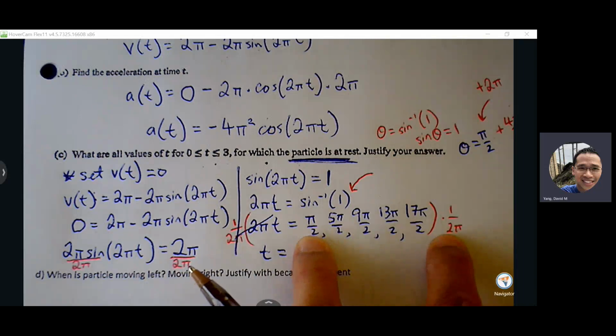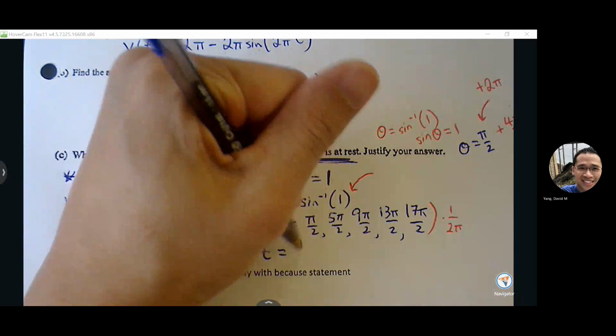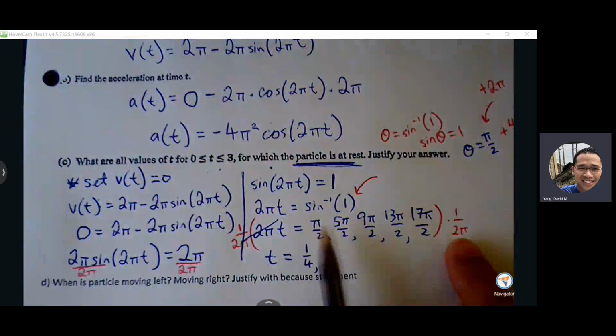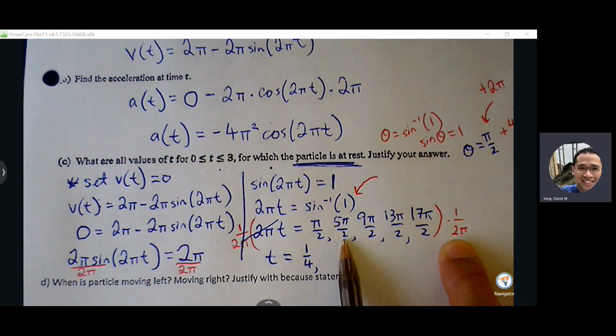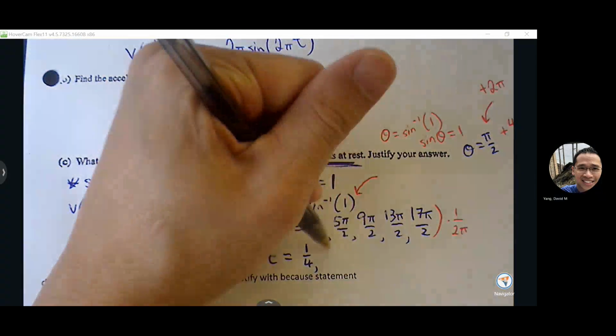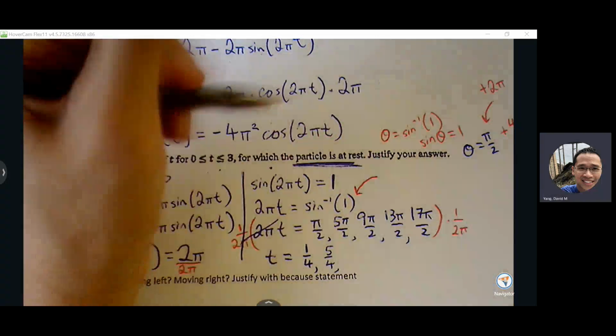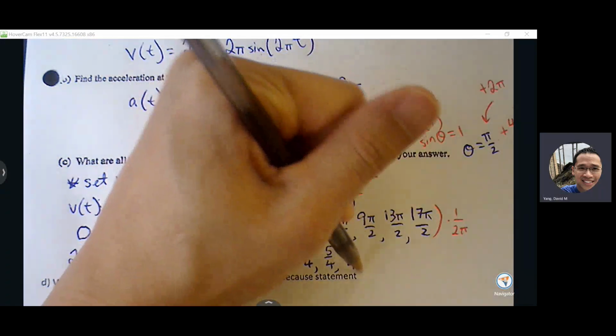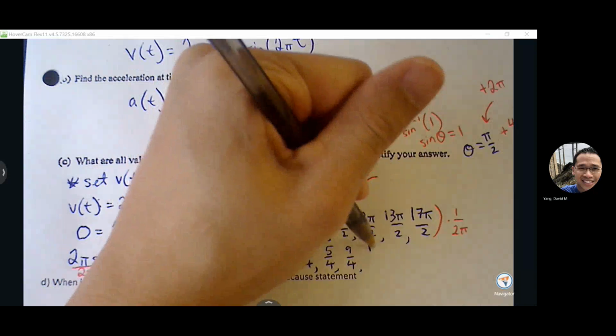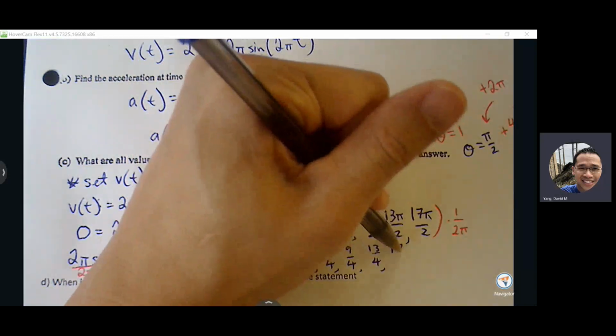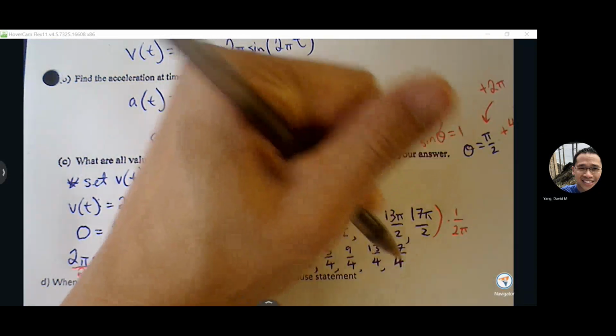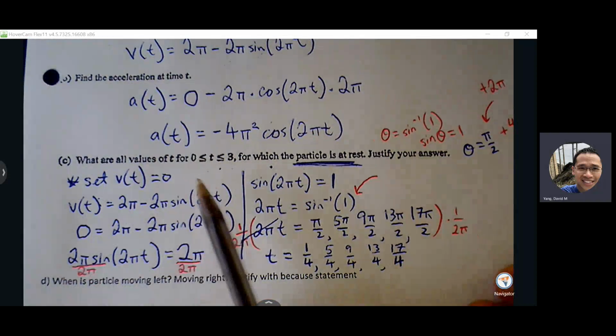So I'm left with 1/4. Let's see how these values are shrinking. Next up is 5/4. Next up is 9/4. 13/4. 17/4. Now we only want values between 0 and 3.